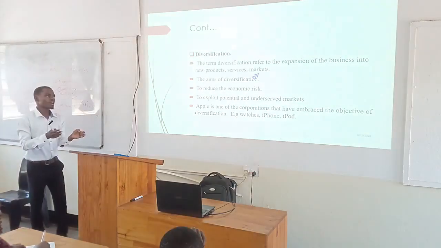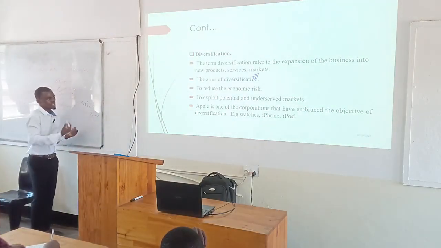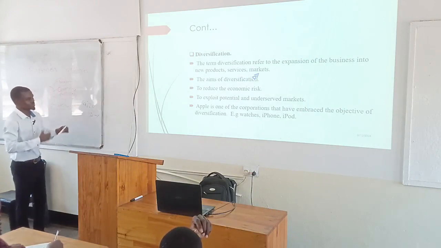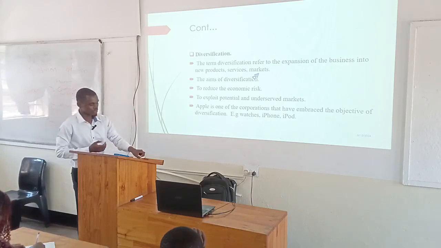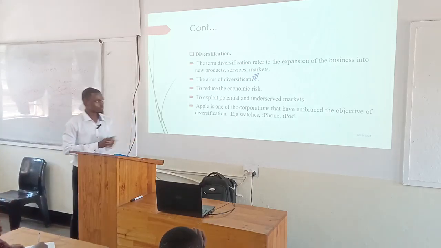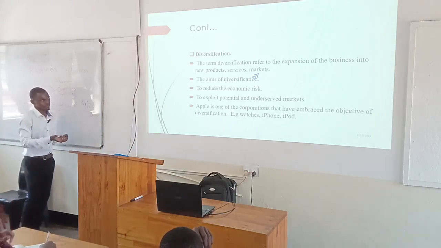But then if we are only relying on a single product, once this product is affected, once we are having low sales on this product, it means we are done. But then if we have other products, it means we can effectively operate on the market and we can survive.